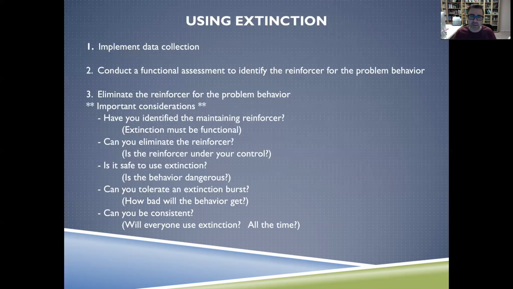And a week later, you visit that family and you ask them, hey, listen, how has extinction been going? And they say, well, we've been implementing it as much as we can. When they say that, they're essentially telling you, well, sometimes we did it, sometimes we didn't. So what are they telling you?